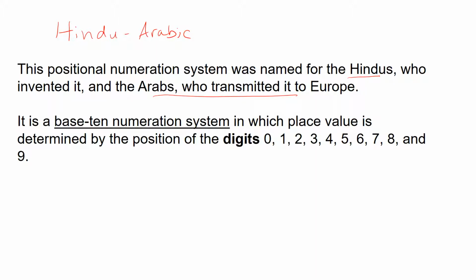So this is a base 10 numeration system in which the place value is determined by the position of these digits. So we have the digits 0 through 9. And then once we get to 9, we start regrouping and we go to the next place, the tens place, and then we go to the hundreds place after we get 10 of those together. So the base tells you what you're going to group by.